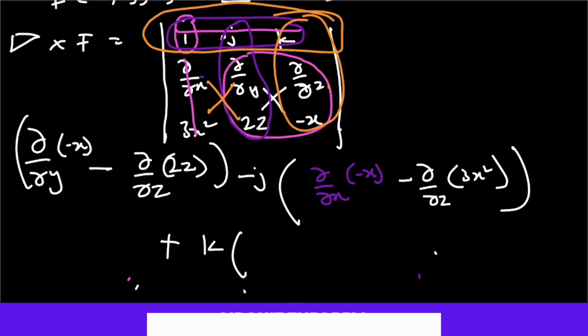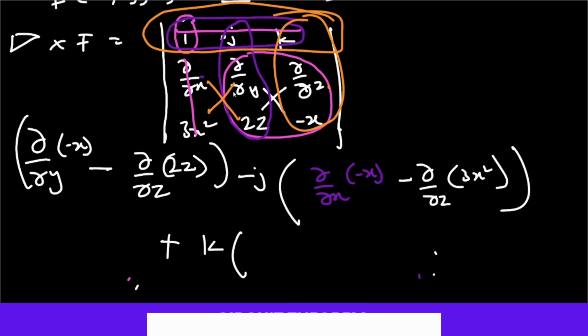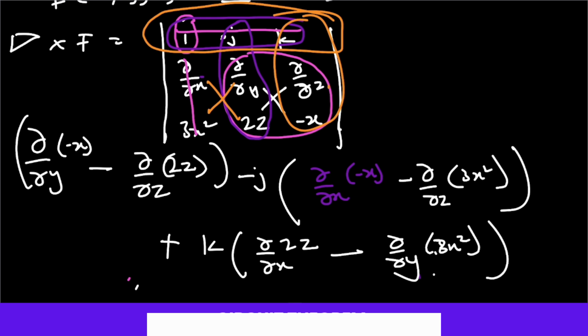So we have partial on x of 2z, minus partial on y of 3x squared, and that is all.